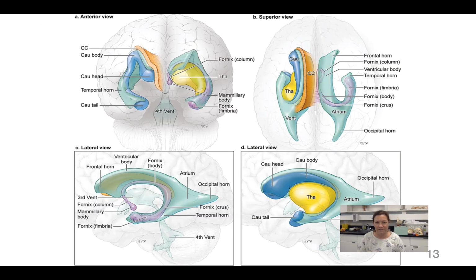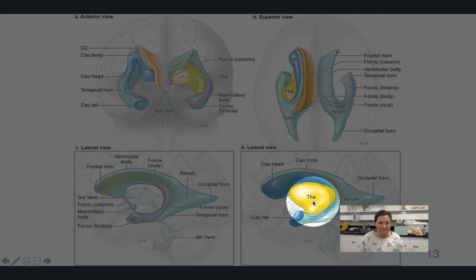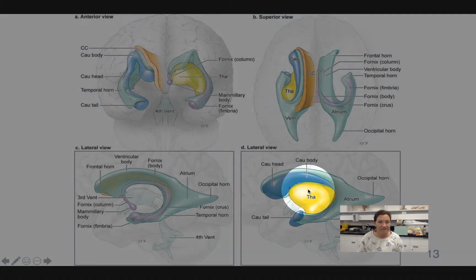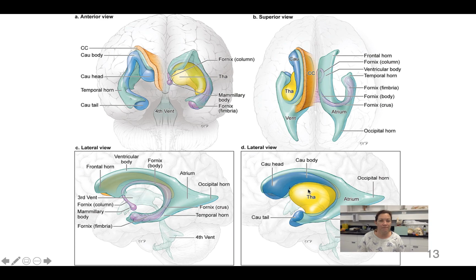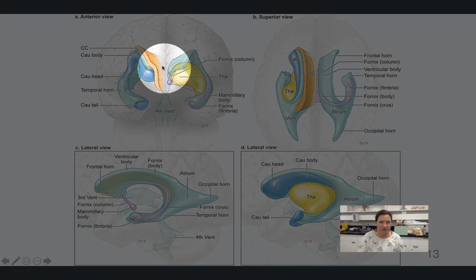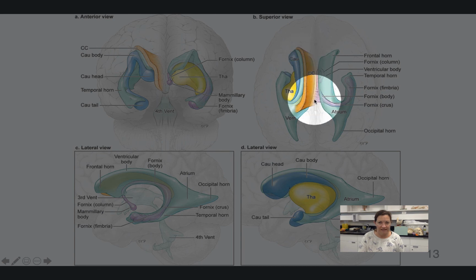What other C-shaped structure do I want to, we haven't talked as much about. So we've talked about the thalamus, and the thalamus lies, if you look in lateral view, at the center of that C. So they both wrap around it, and then the thalamus is nestled in the middle. And the corpus callosum, shown here in orange, is roughly C-shaped and lies superficial to all of those, and dorsal.